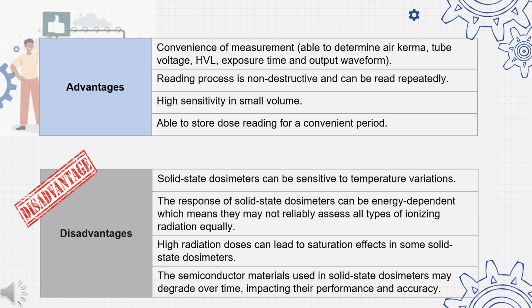The first section, advantages of solid-state dosimeters. They are able to determine air kerma, tube voltage, half-value layer, exposure time, and output waveform. The second one, the reading process is non-destructive and can be repeated.